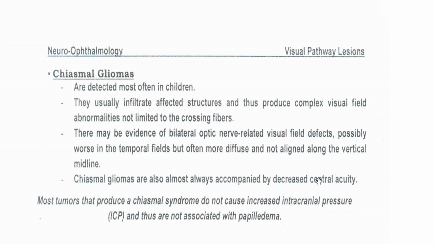It's not just the field, okay? And it is possibly worse in the temporal field, but often more diffuse. That's why we detect it by age and by decrease in the central acuity. And rarely does a chiasmal lesion decrease the central acuity. Actually, this often comes at a later stage.